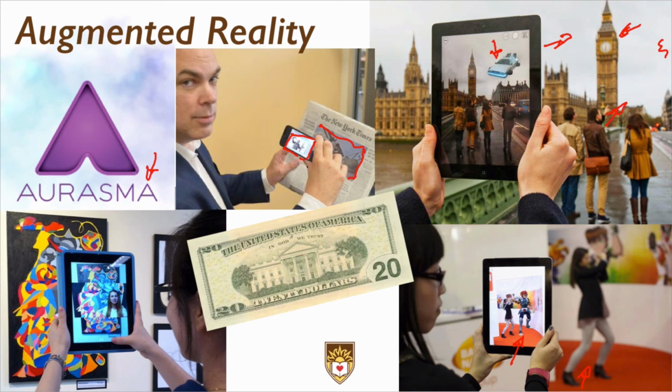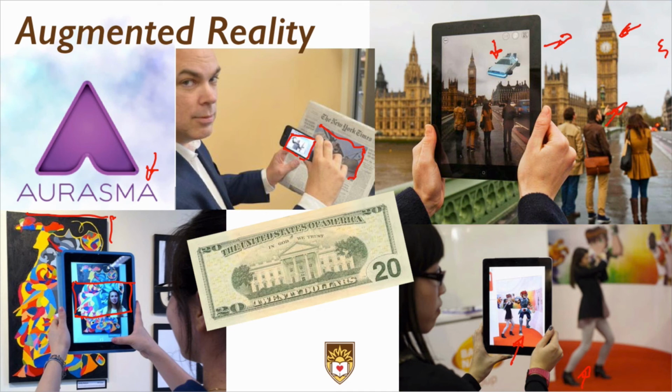And in places like museums, this is used. The camera with Aurasma recognizes the art, and that trigger image brings in a video overlay of the artist explaining why she did that drawing, how she did it, and what it means.